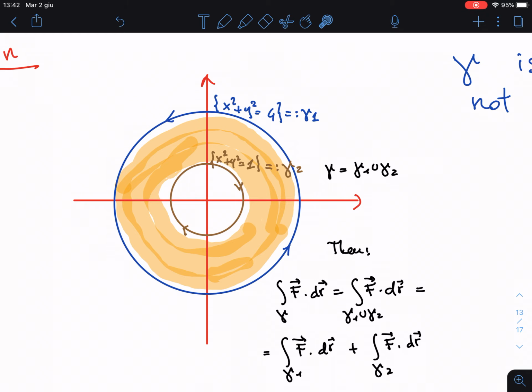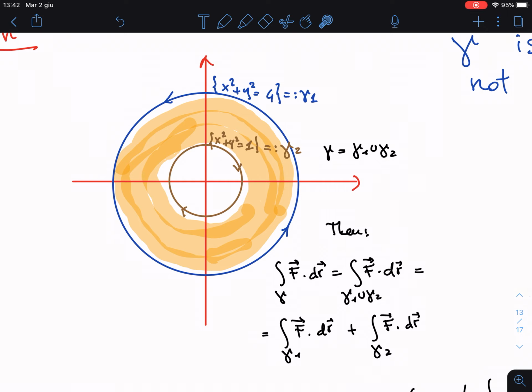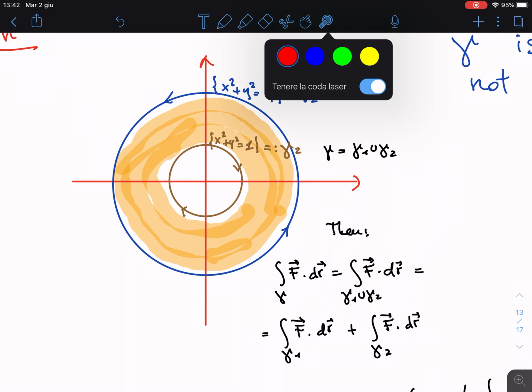And then we can start with the computation, and so you have that the line integral of your field f on gamma means the line integral of f on gamma 1 union gamma 2, which is nothing but the definition of gamma.